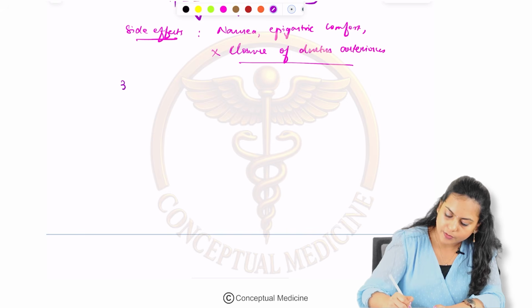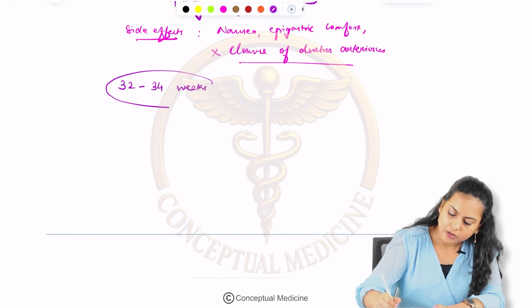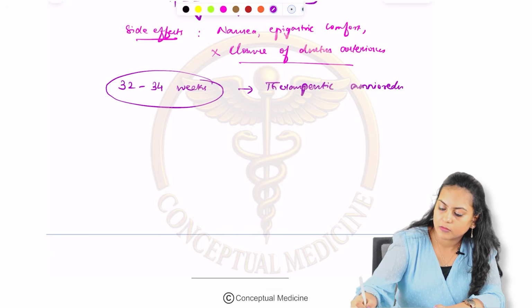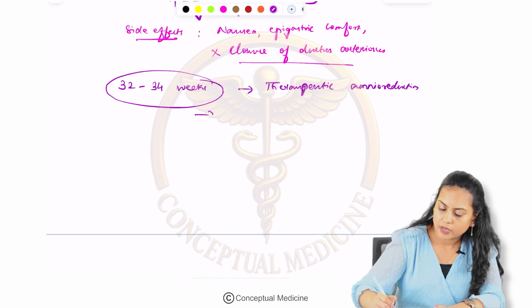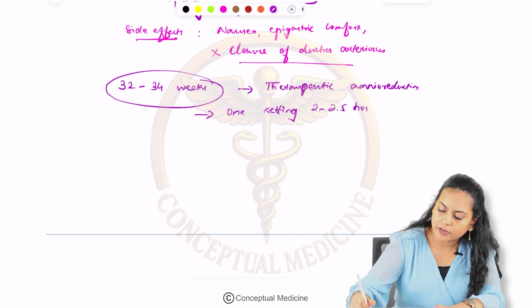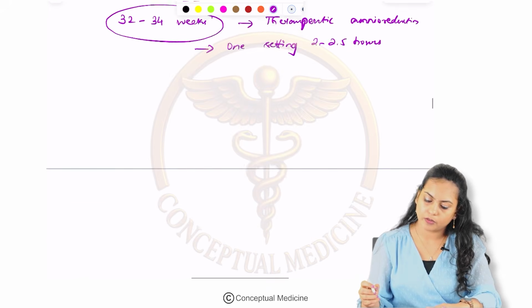Suppose if the pregnancy is between 32 to 34 weeks, you can go for therapeutic amnio reduction. Okay. In one setting of amnio reduction, you can remove up to 2 to 2.5 liters of amniotic fluid. Okay.